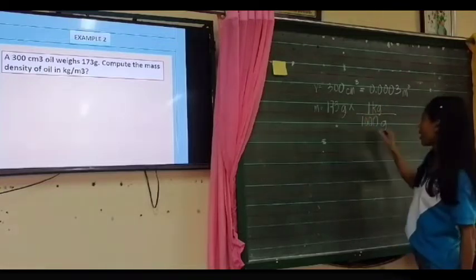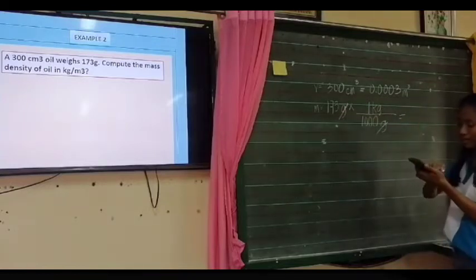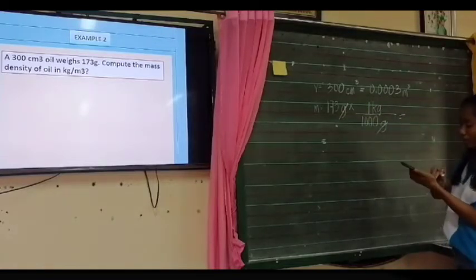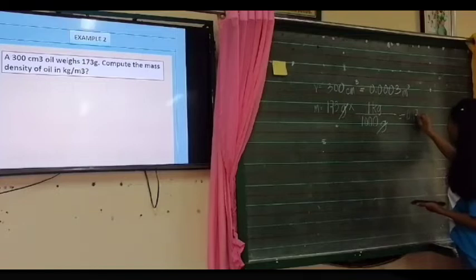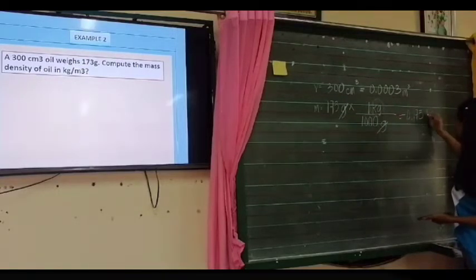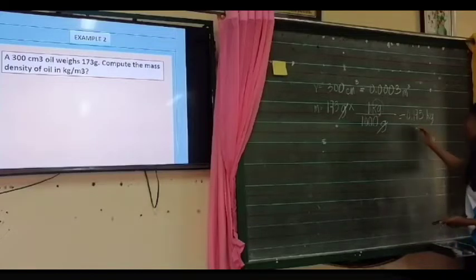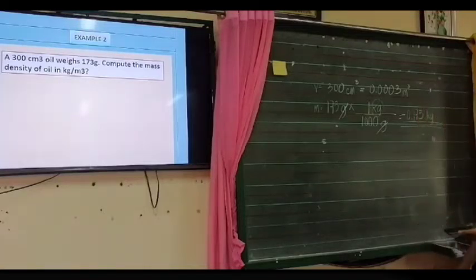Para makancel yung gram-gram, is equal to 173 divided by 1,000. We have 0.173. Ang unit na natitira na lang is kilogram. So, na-convert na natin ang 173 gram sa 0.173 kilogram.